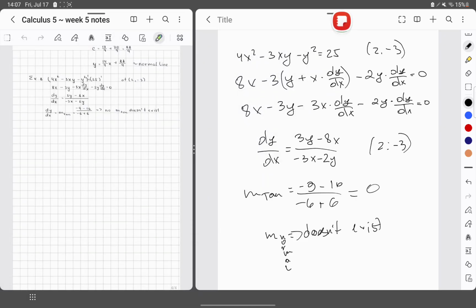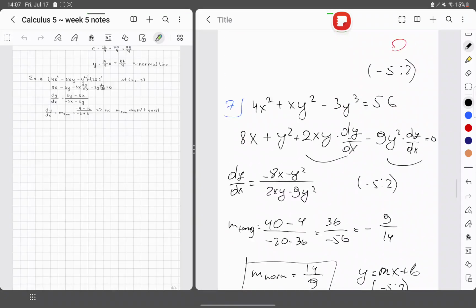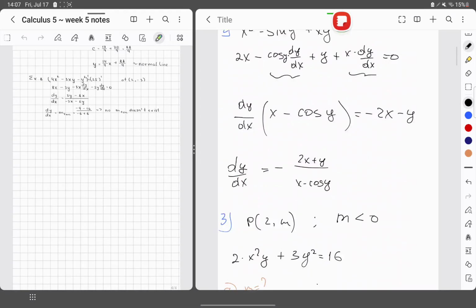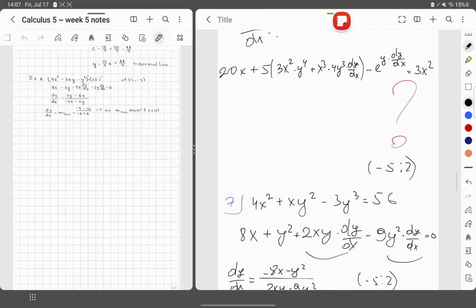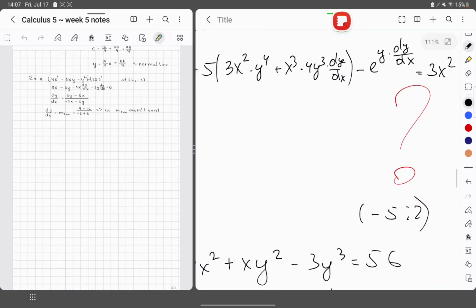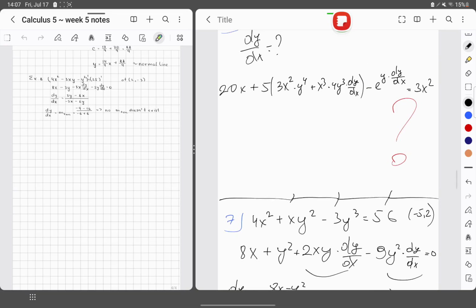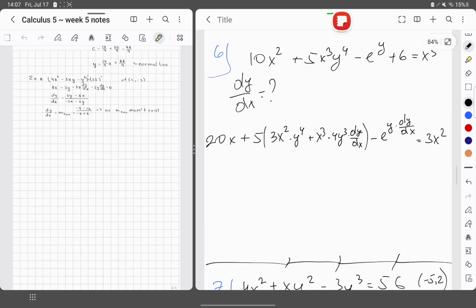Okay, what about 8? Alright, that's true. So what about this one? What about 5? Yes, this one. Let's try to do this one. Let's do 5 too.